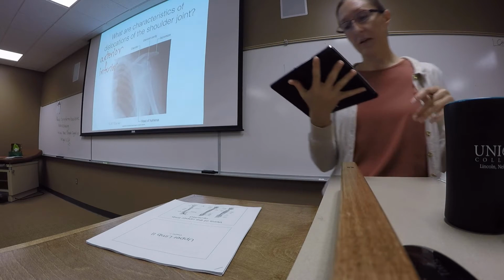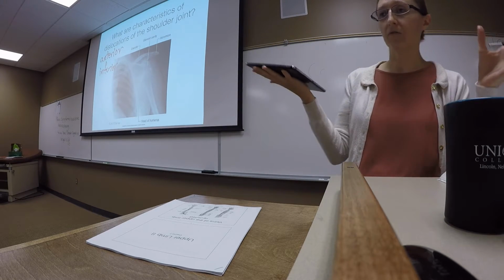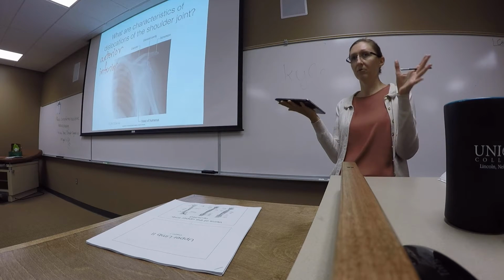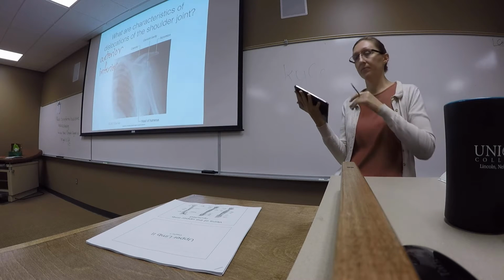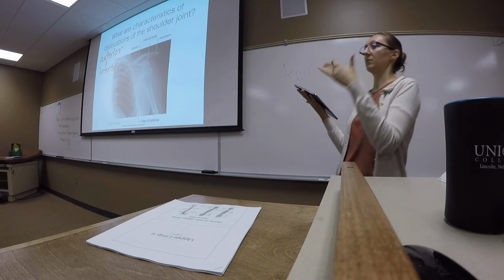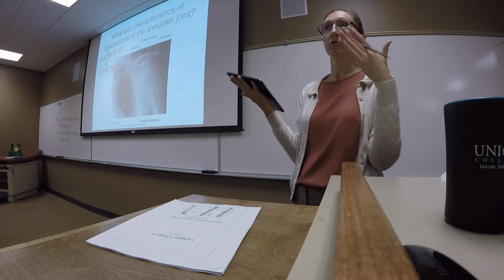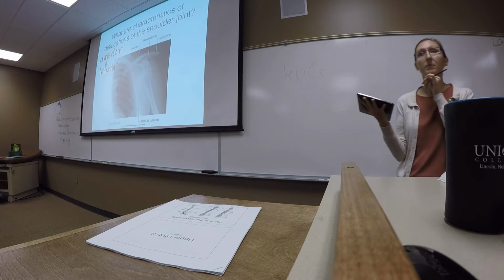So this puts extra force on that joint. Because the glenoid cavity and the glenoid labrum are fairly shallow, this joint is very susceptible to dislocation. And once it's dislocated, there's an incredibly high risk of recurrent dislocation, up to 90% sometimes.